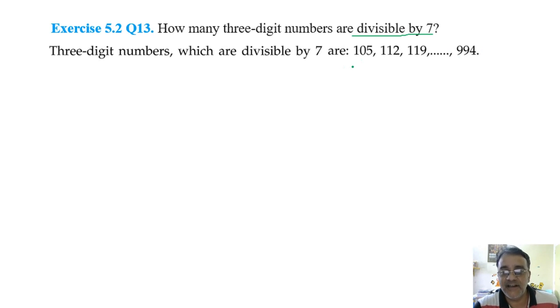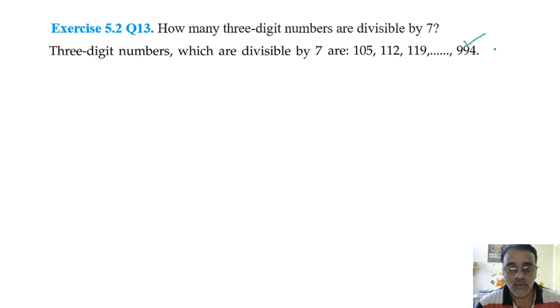So 105, 112, 119, up to 994. We just have to find how many numbers there are in this. In other words, which term is 994? Is this clear? Yes, sir.